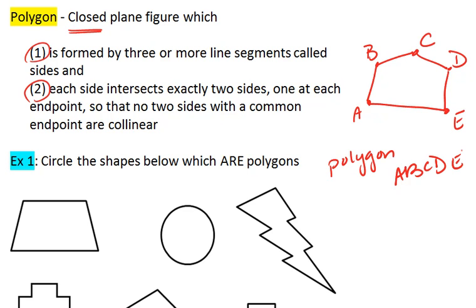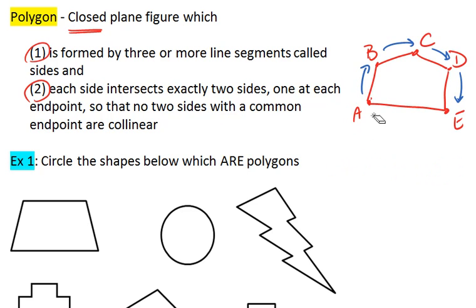We name polygons by all of their vertices, and we start with one vertex and then go around the polygon to name it. And we do not need to go back to A. So go ahead, try this one. Name this polygon.